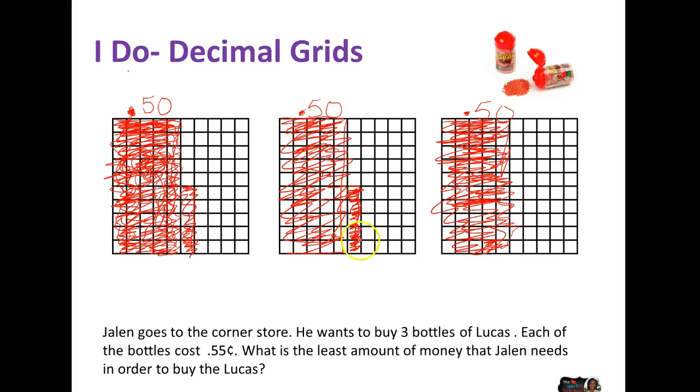Shade that in so you can see it a little better.